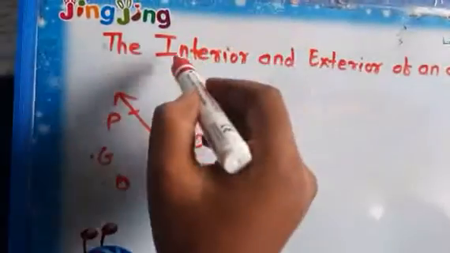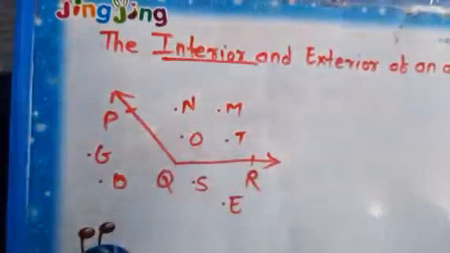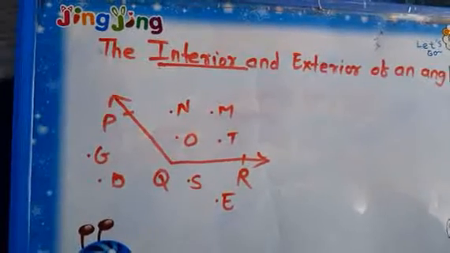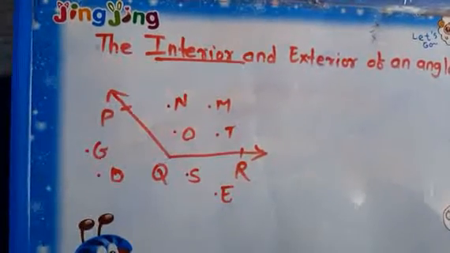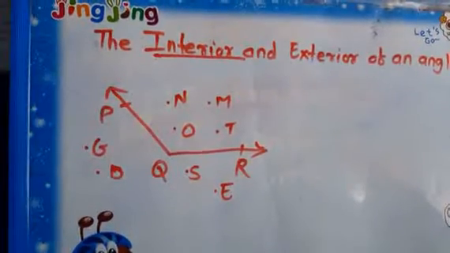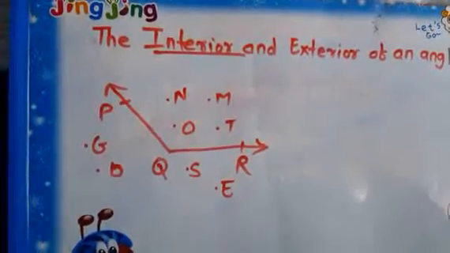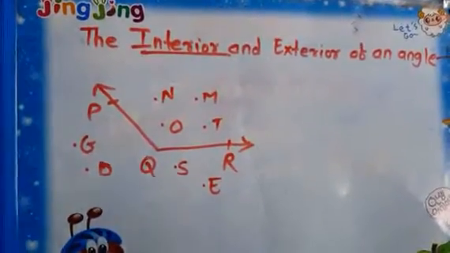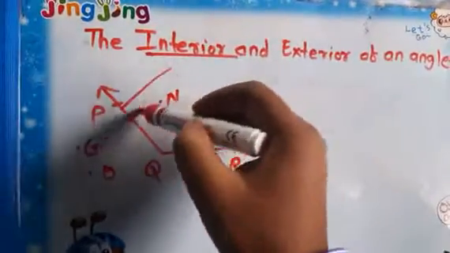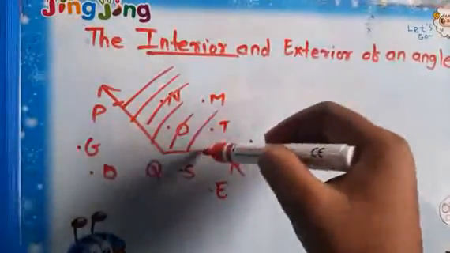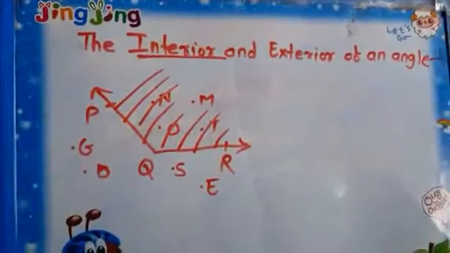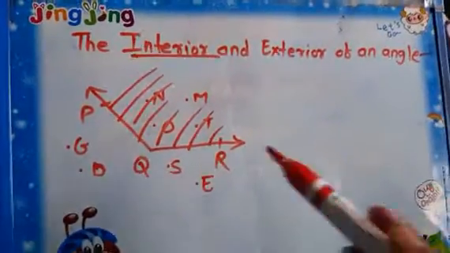So what is the meaning of interior part of an angle? Interior means inside. So whatever region is inside the angle or enclosed by the angle, that is called the interior of the angle. For example, this area is enclosed within the angle, so it is called the interior of the angle.